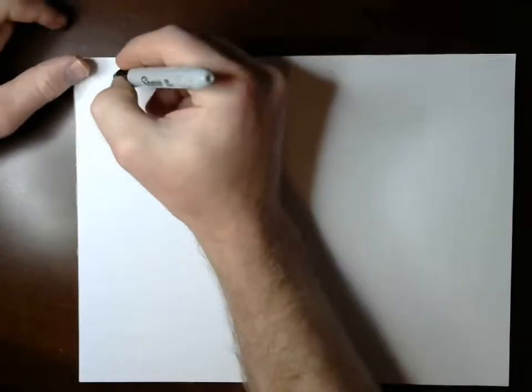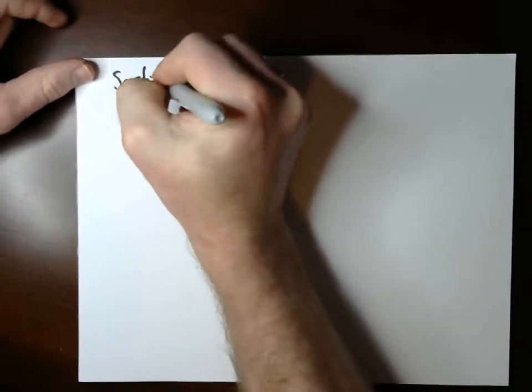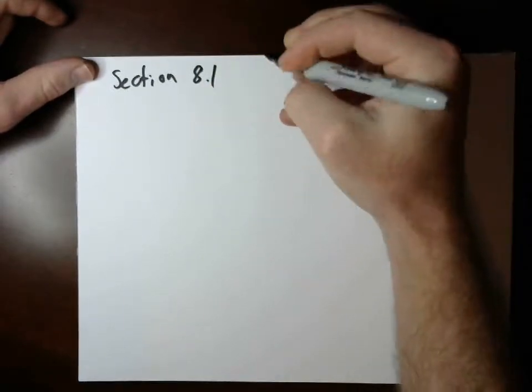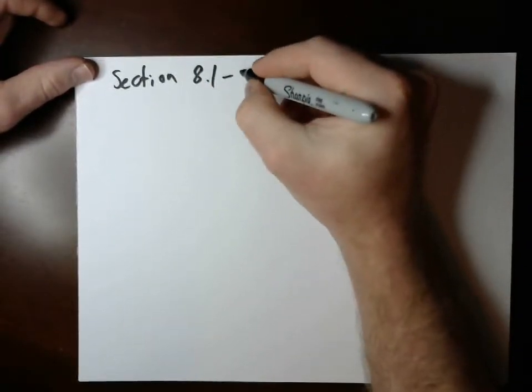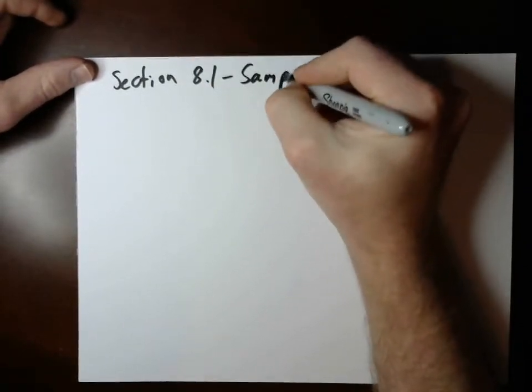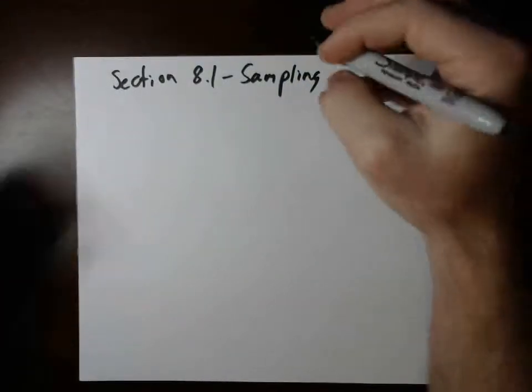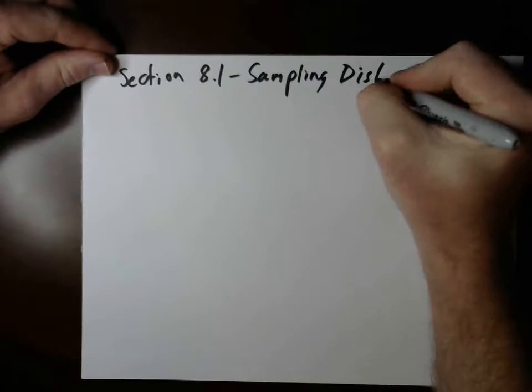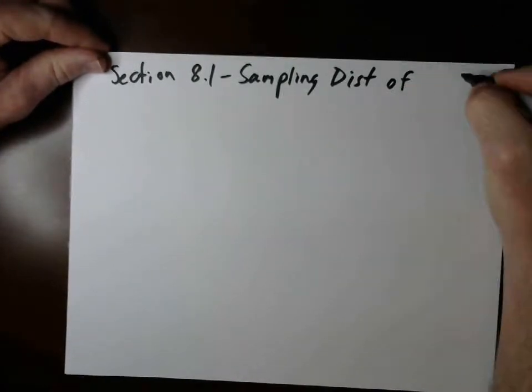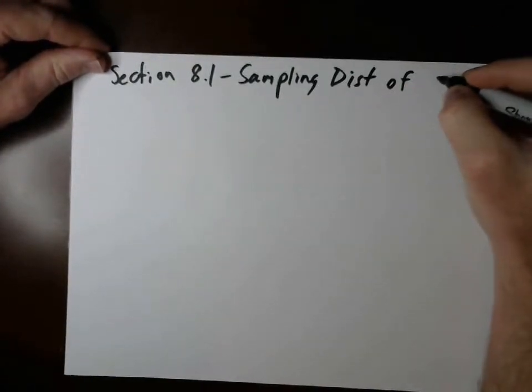So for example, let's say that's section 8.1, where we talk about the sampling distribution of a sample mean.